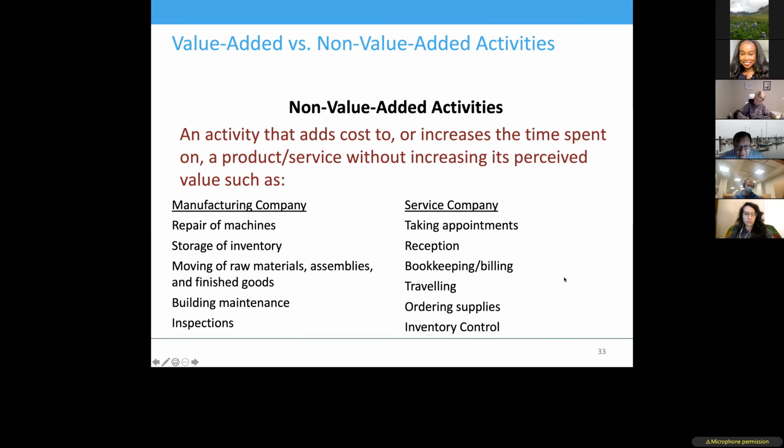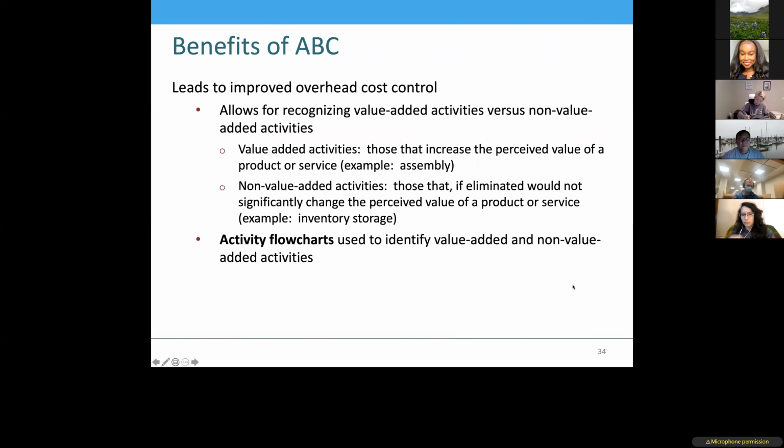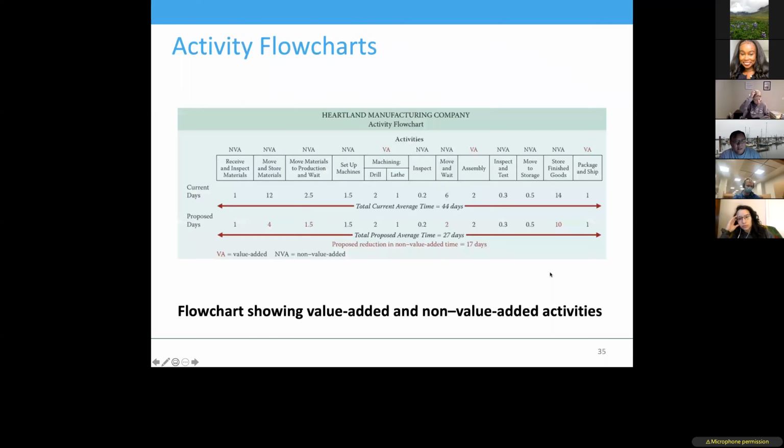So this is the value-added activity versus non-value activities. We are going to take a look at the activity flow charts. Here, this is Heartland Manufacturing Company's activity flow chart.